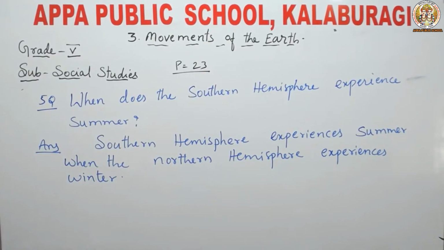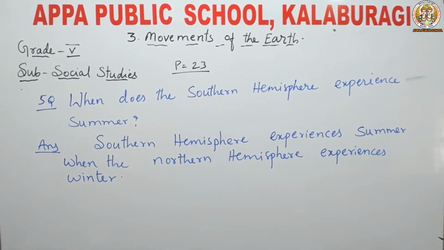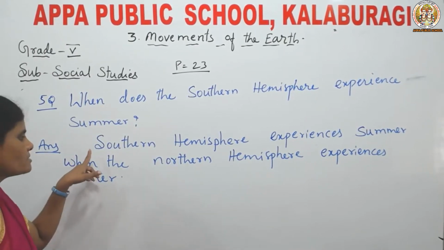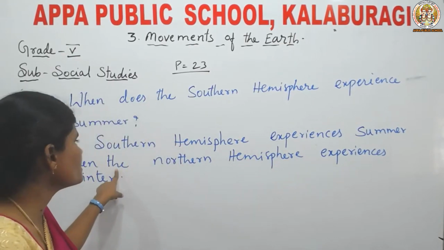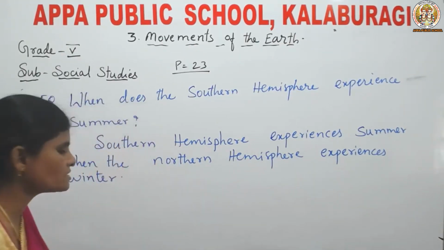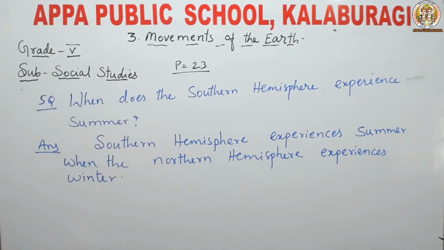Okay, children. See, this is the answer. When does the southern hemisphere experience summer? Okay. The correct answer is southern hemisphere experiences summer when the northern hemisphere experiences winter. Okay. Opposite conditions take place. Okay. Next.